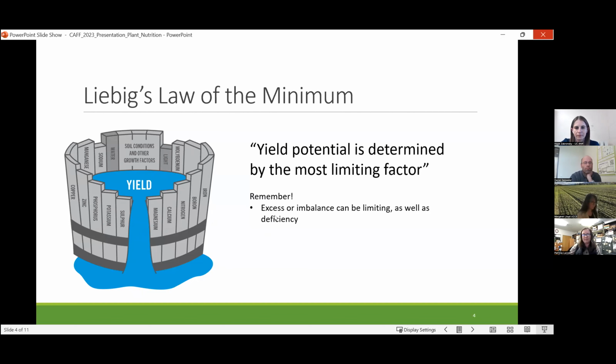A couple things to remember with this: excess of a nutrient or imbalance between nutrients can also be limiting. Back to boron, of course, it's needed by plants, but too much can also be toxic and can limit yield as well. Or there are nutrients like phosphorus and zinc that have kind of an antagonism. If you have a lot of phosphorus, it may not necessarily poison the plant, but it may actually give you zinc deficiency. So this is a useful metaphor, but remember, excess or imbalance can also be a limiting factor.